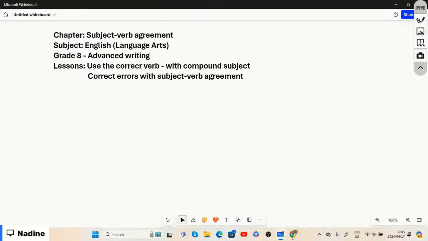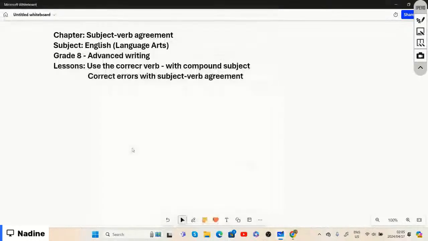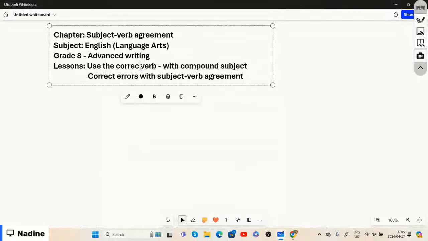And our lessons that we are doing today are to use the correct verb with a compound subject, and to correct errors with subject verb agreement.